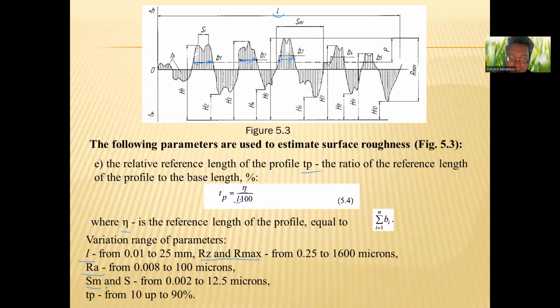Step S suffix M and S from 0.002 to 12.5 micrometers or microns. T suffix P from 10 up to 90%.